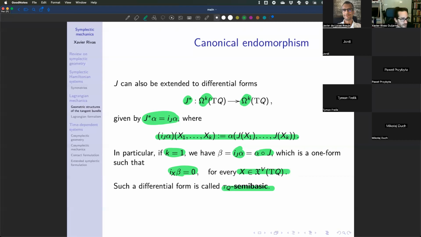May I have a comment? Yeah, sure. Because here you have a tangent manifold, and attached to it you have a canonical endomorphism. One of the applications of canonical endomorphisms is to characterize a tangent bundle structure on a manifold.